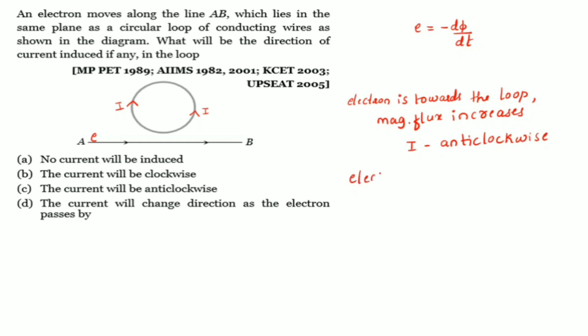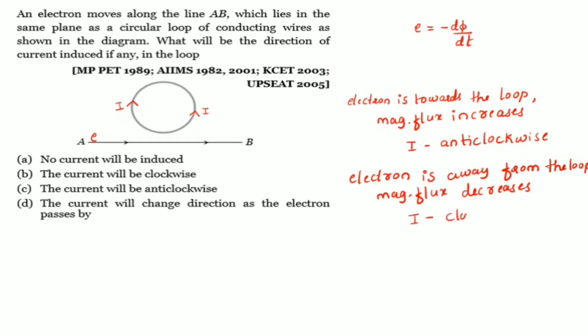When the same electron passes by or when it is away from the loop, then magnetic flux linked with that coil decreases, so that again induced EMF takes place, current is produced, but now that current is produced in clockwise direction.